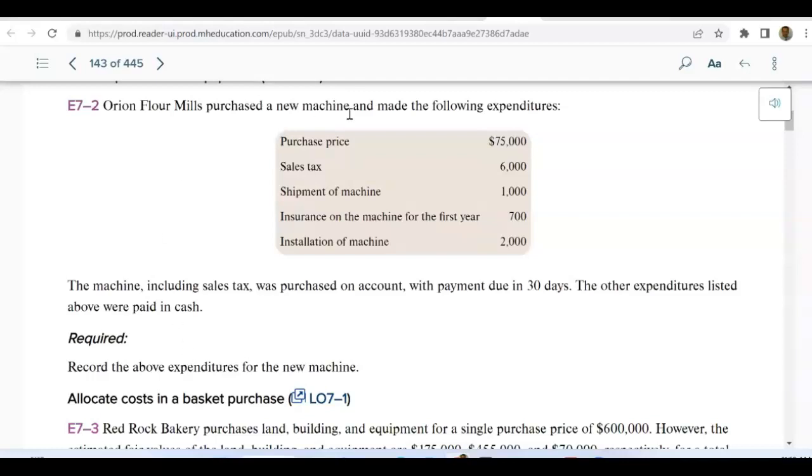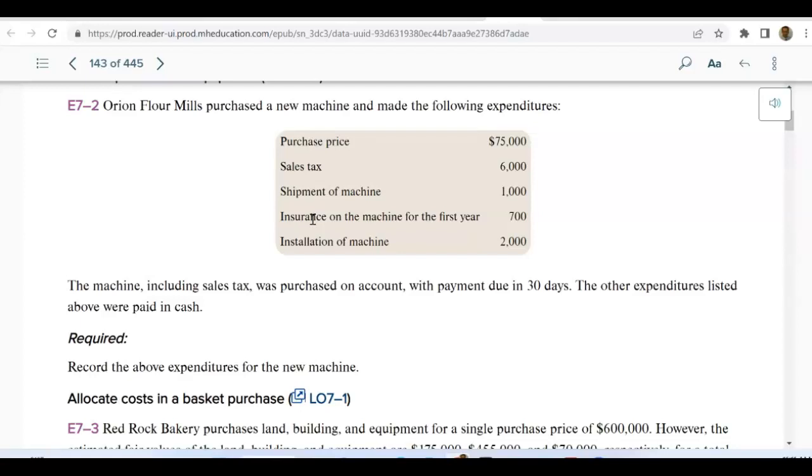Company purchased a new machine and made the following expenditures. So purchase price is $75,000. They paid sales tax, shipping, and insurance on the machine for the first year. That's different than insurance for shipping. If it is insurance for shipping, then it will be added to the cost of the machine.